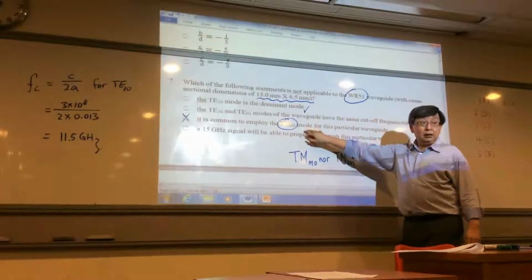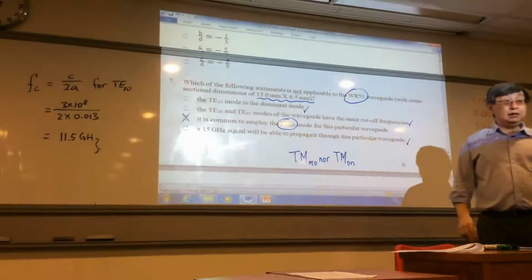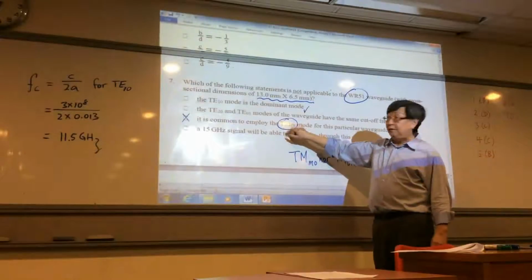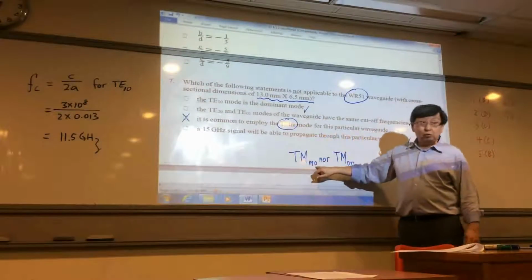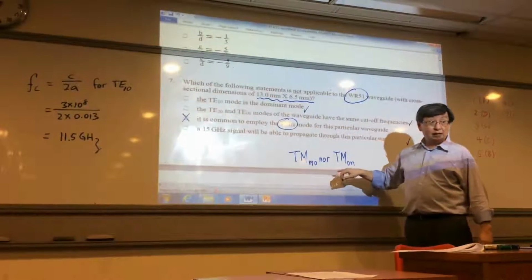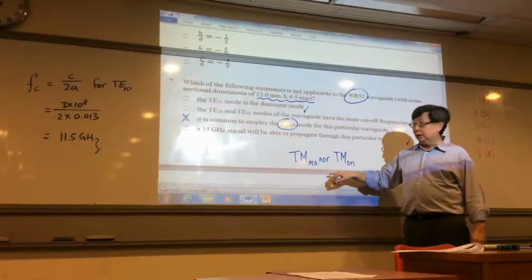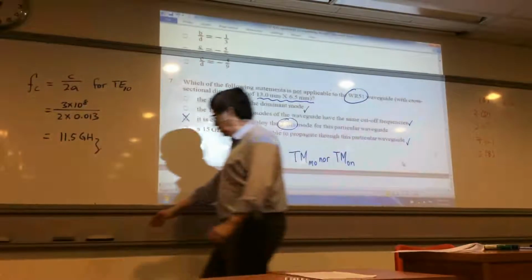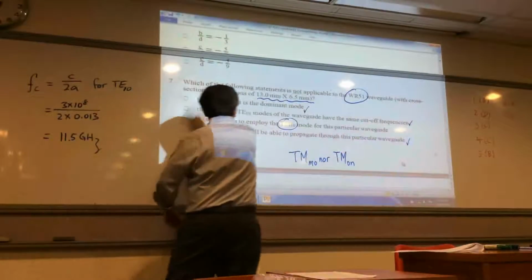This TM mode, I've explained during lecture, does not exist when one of the two indices is 0. Let me grab hold of the lecture page.